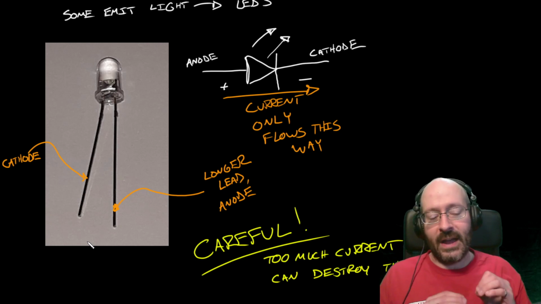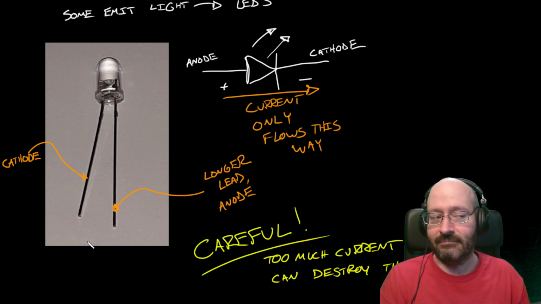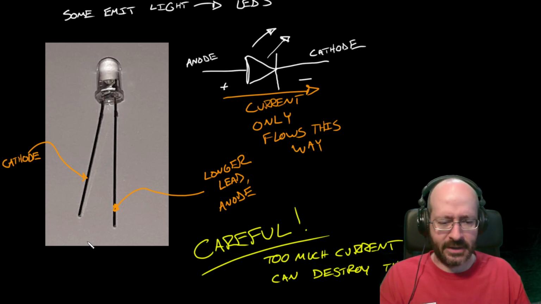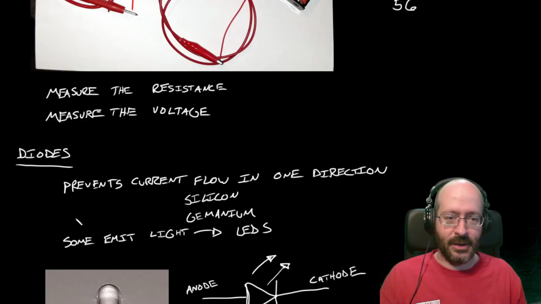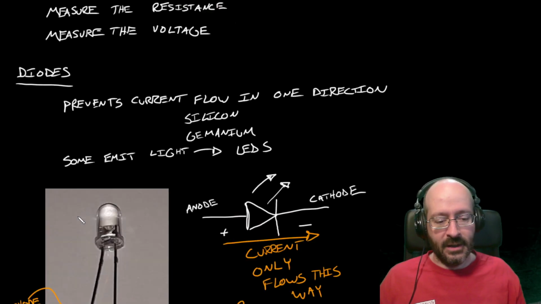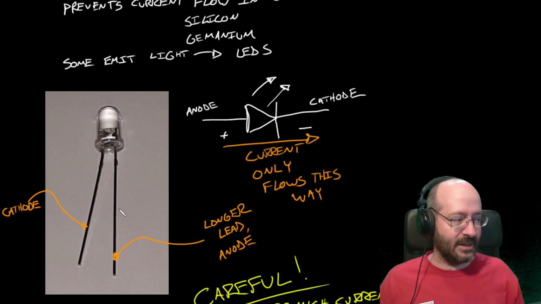But we have to be careful. We have to restrict the flow of current. And if only we had a device that could restrict the flow of current, right? Well, that's kind of why I had to talk about resistance up here. All right, so we're going to build the circuit, and we're going to make this LED turn on.